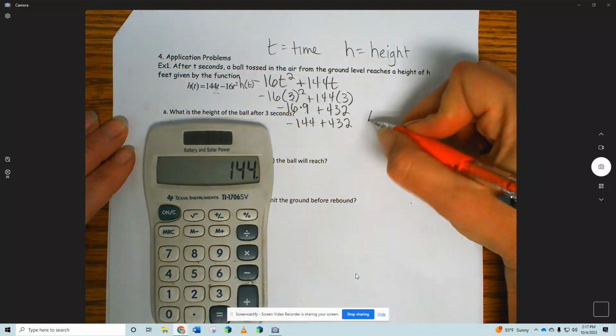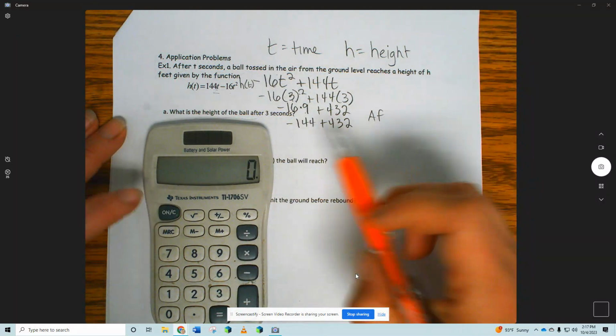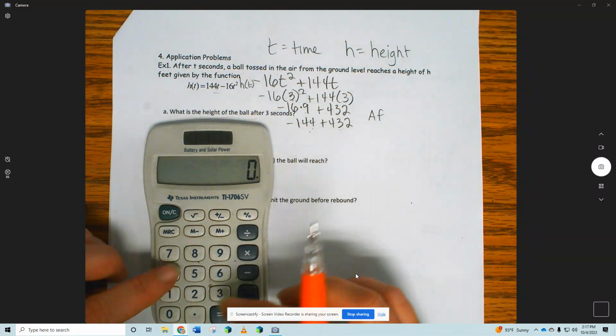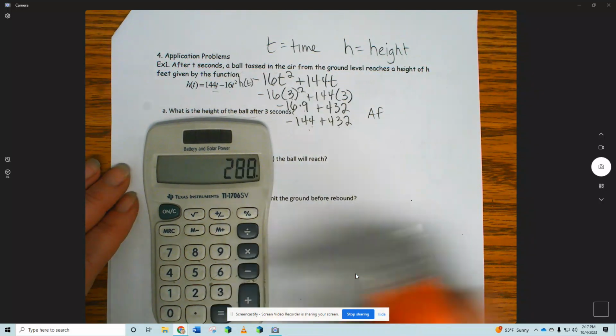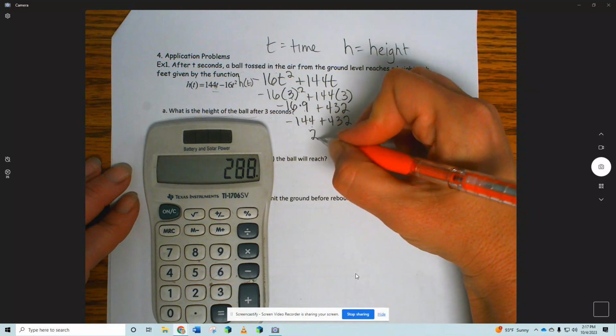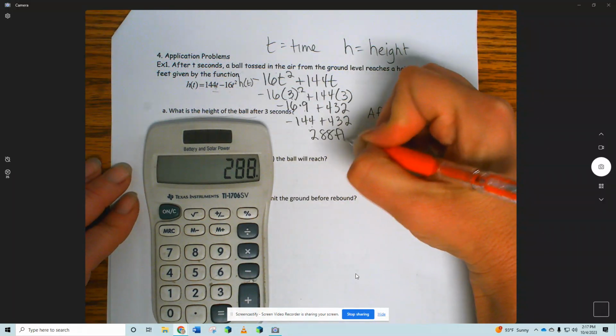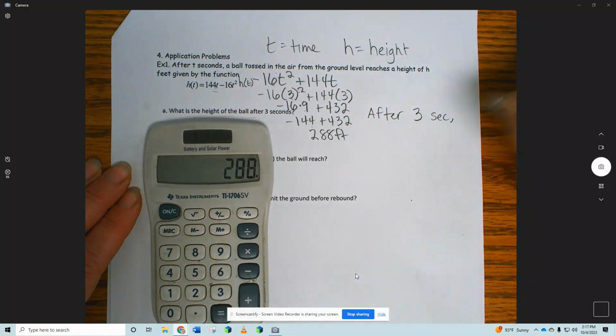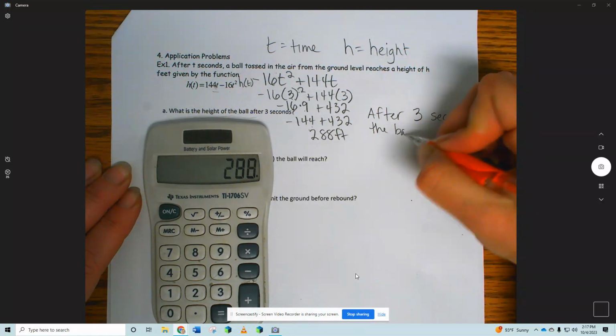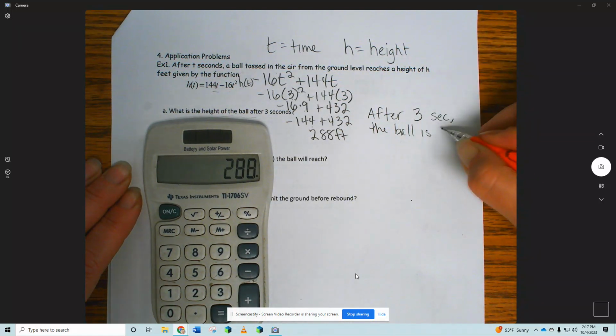After 3 seconds, I need to subtract these two. Positive 288 feet. After 3 seconds, the ball is 288 feet.